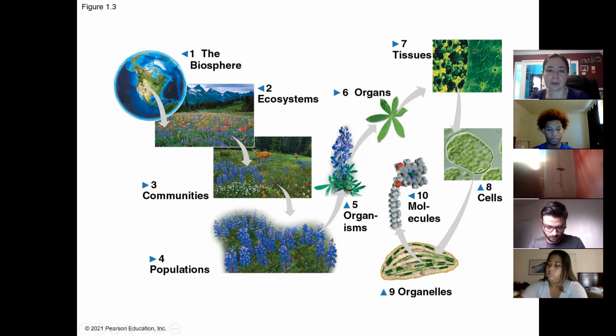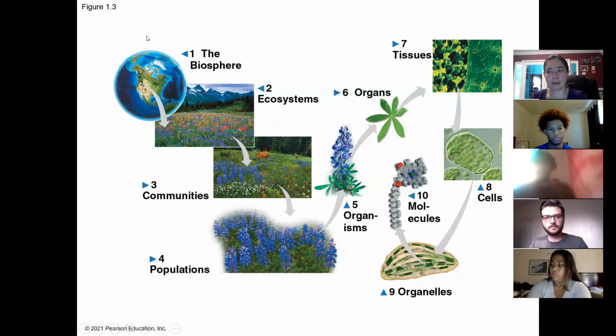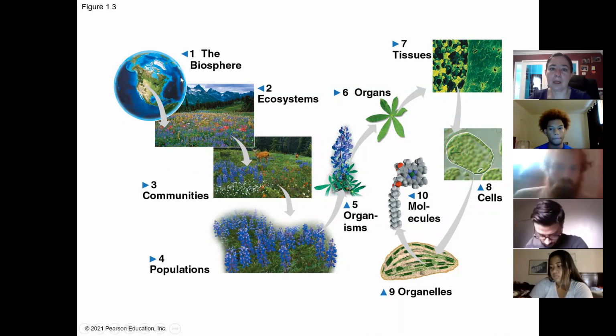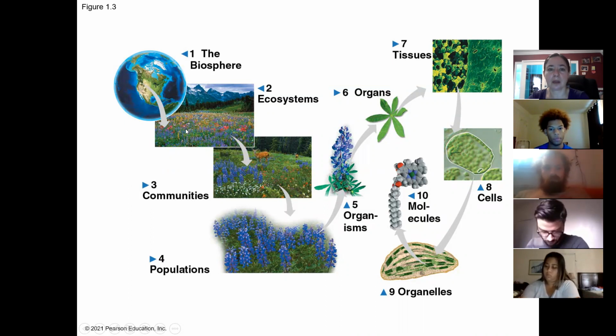We start from the biosphere. The biosphere is the whole planet Earth, the land, the oceans. Then ecosystems. An ecosystem is a particular organization in terms of environment. It includes the plants, the animals, fungi, and microorganisms. It's pretty much affected by climate as well.